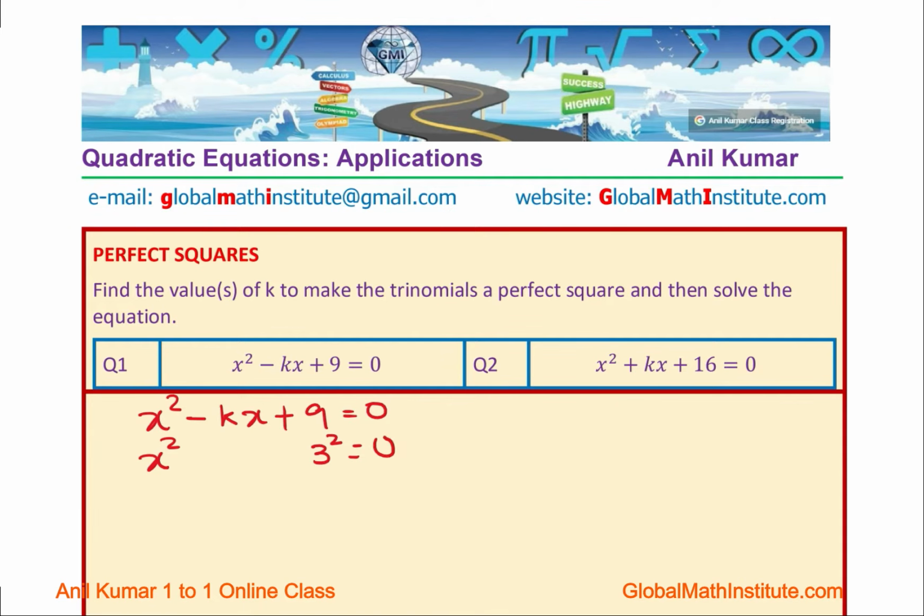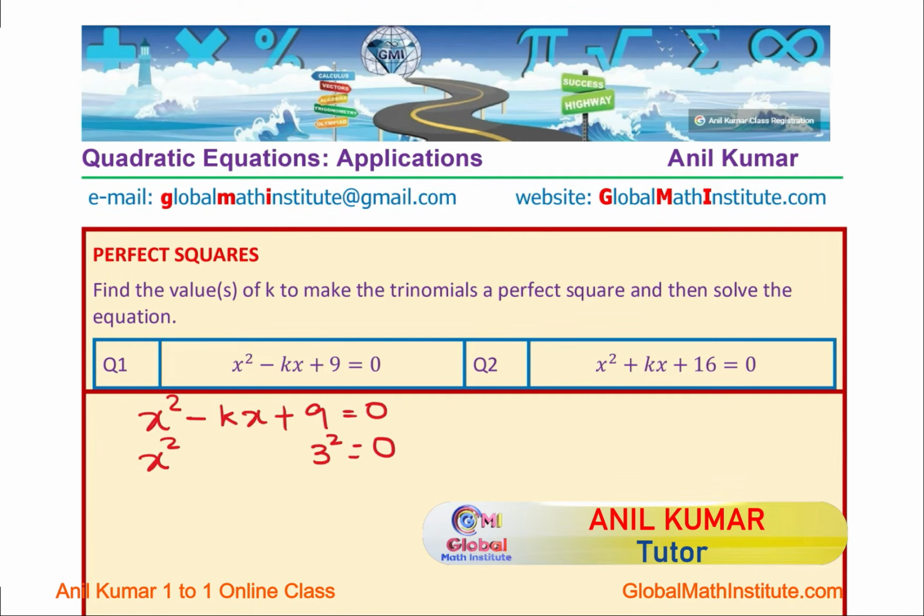So we know that we can make it a perfect square. The only thing is that the middle term should be twice x and 3, right? So the middle term should be 2 times 3, and x. You get the idea. Only then will this be a perfect square. Correct?